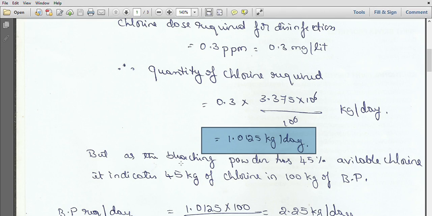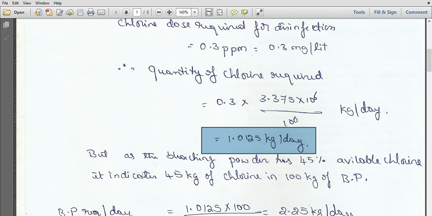Now, in the problem they are given the bleaching powder is having 45 percentage of chlorine. What does it mean? It means 45 kg of chlorine will be available if I take 100 kg of bleaching powder. So in 100 kg of bleaching powder, there will be only 45 kg. How much amount of chlorine required per day? It is 1.0125 kg per day.